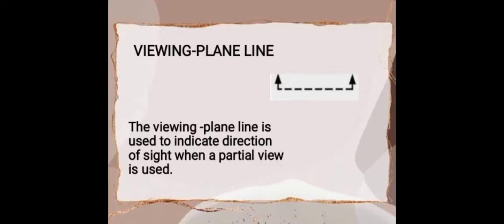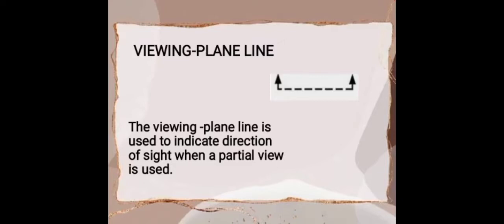If the line were projected through the drawing sheet to create a plane, this plane would define the view. The viewing plane line is displayed on the drawing sheet to show the orientation of the auxiliary view in relation to the principal view. So that's it for the viewing plane line.